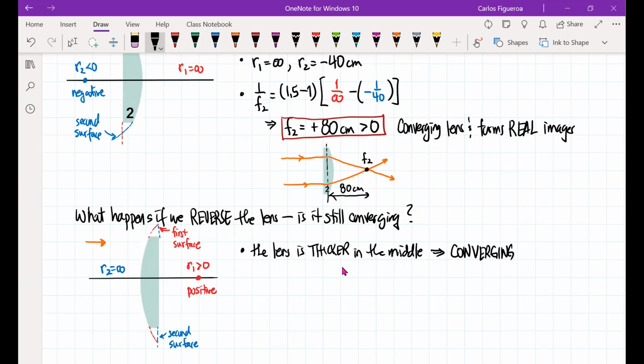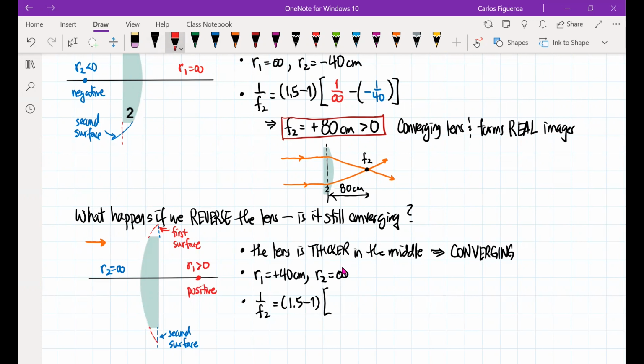And now we reverse the role of R1 and R2. So now R1 is positive 40 centimeters. R2 is infinity. So now if I look at the lens maker equation, look what I get. I get 1.5 minus 1. Now I reverse the roles of these guys.